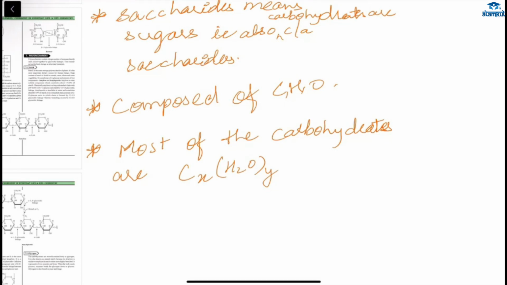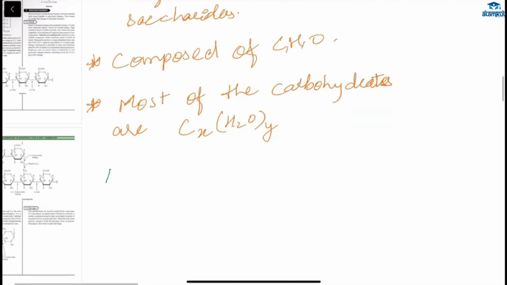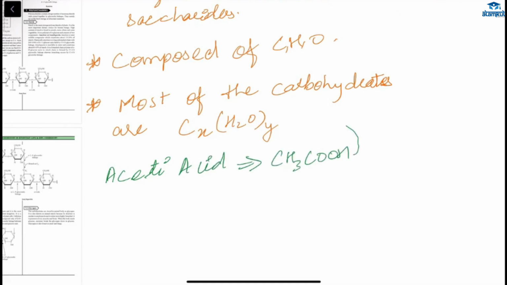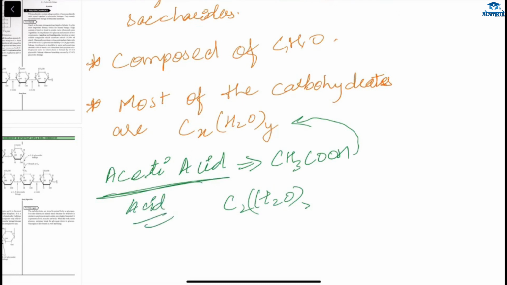There is an exception, like acetic acid. What is its formula? CH3COOH. If we set it in this formula, it will get set like this: C2(H2O)2. So this is an acid, but it is also fitting into this formula. So this is an exception.